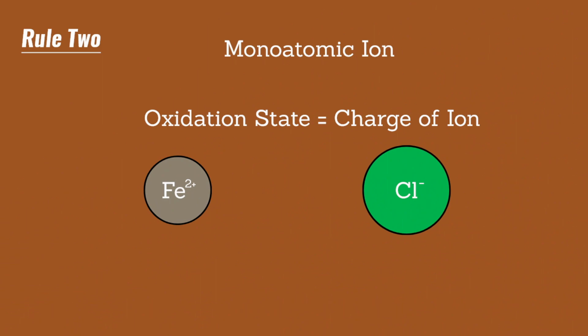Second, a monoatomic ion has an oxidation number equal to the charge of the ion. So Fe2+ has an oxidation number of +2, chloride has -1, and sodium ion has a +1 oxidation state.